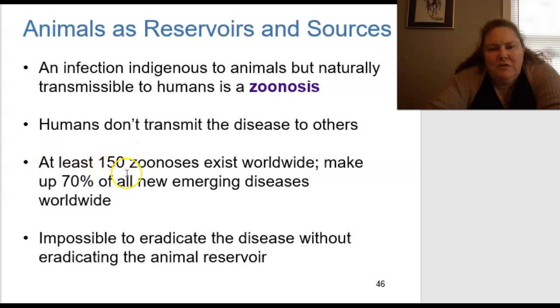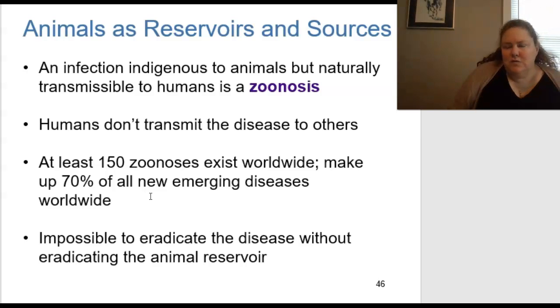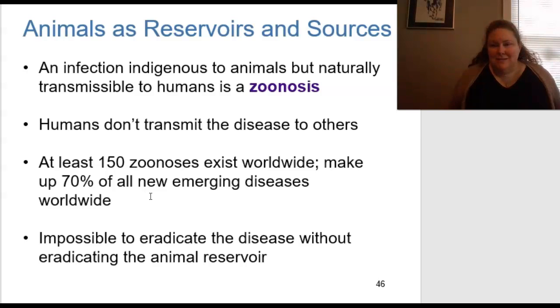At least 150 zoonotic diseases exist worldwide, and these make up 70% of new emerging diseases worldwide. And I believe, isn't that what they think COVID started with? It was in a bat, and it should have stayed zoonotic, but sometimes things cross species and it becomes a problem.